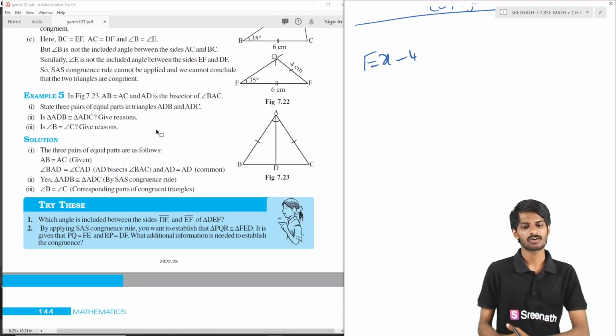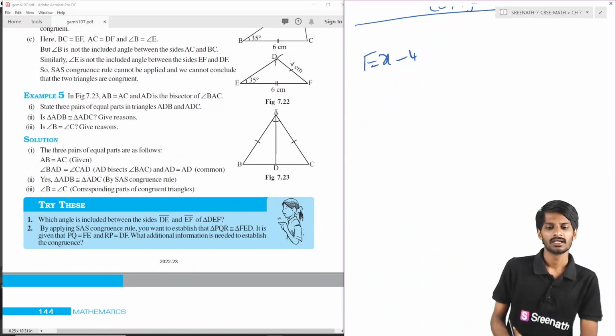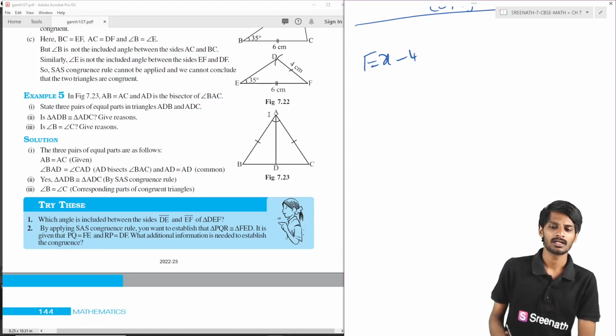Next, in figure 7.23, AB is equal to AC and AD is the bisector of angle BAC. State three pairs of equal parts in triangles ADB and ADC. So what are the equal parts? AB is equal to AC, which is given.